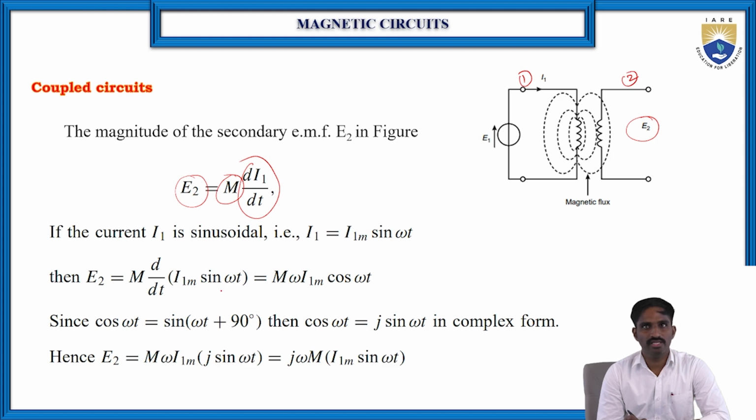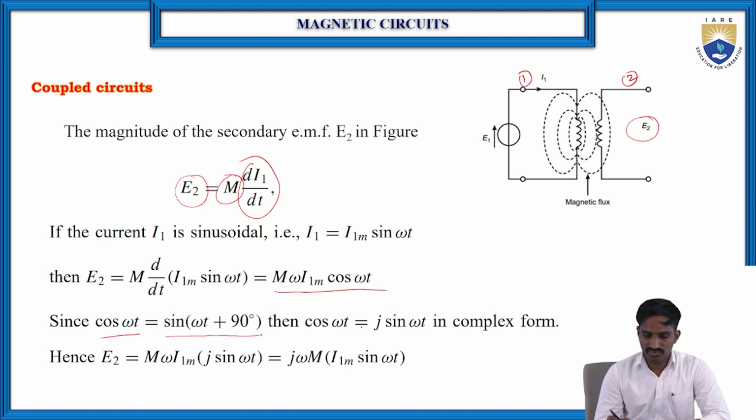Applying the differentiation to sin omega t, this equation becomes M into omega I1m cos omega t. Now I'm going to convert this cos omega t into sin omega t, so we can write cos omega t in terms of sin omega t plus 90 degrees.